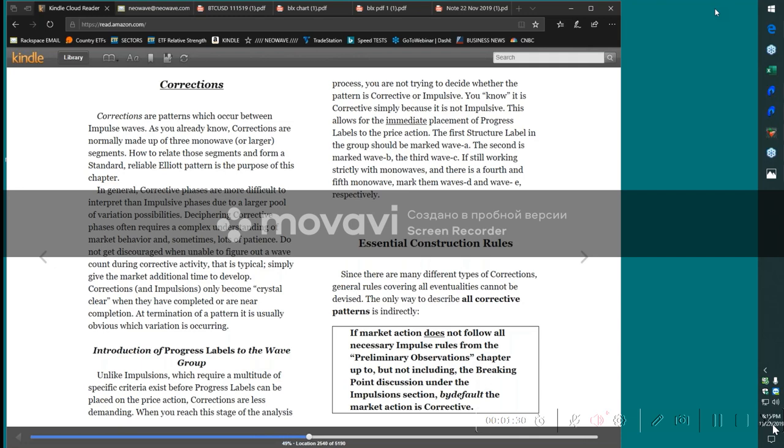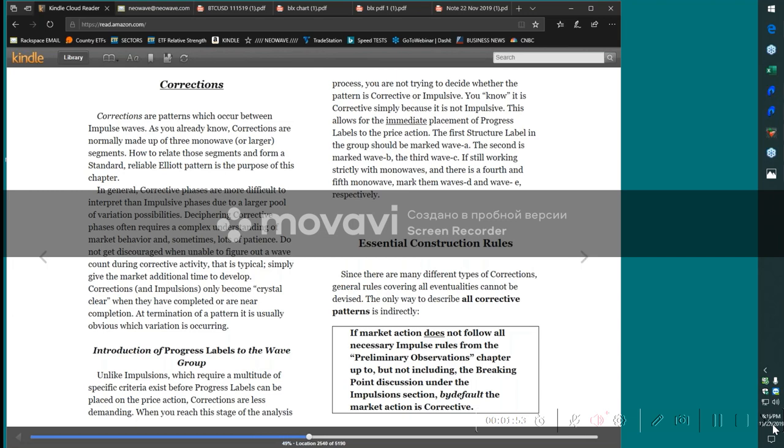Well, then you know the advance is corrective and the move after is corrective, and that's kind of a flat structure. But that may take time for some of you to get used to. Okay, so again, as default, if something doesn't follow impulsive rules, then it is assumed to be corrective. So that's what this is covering right there.